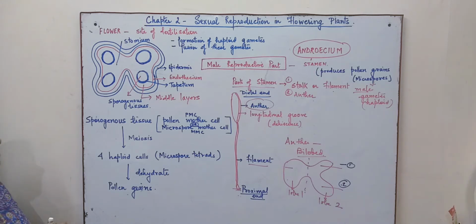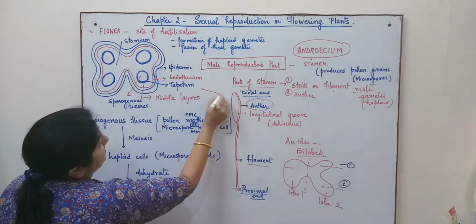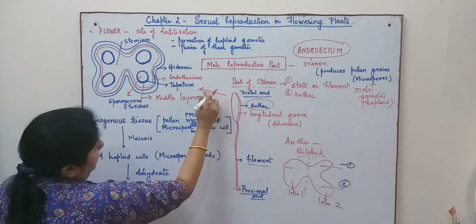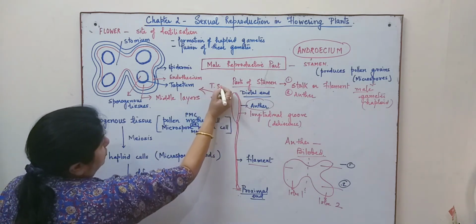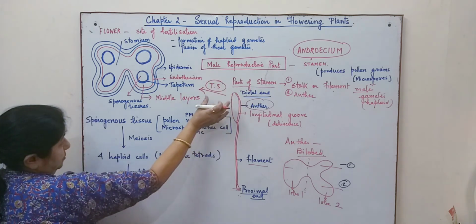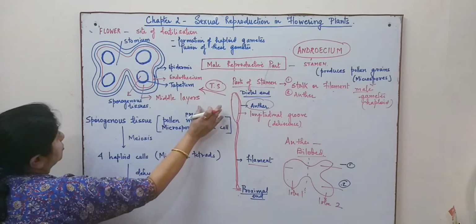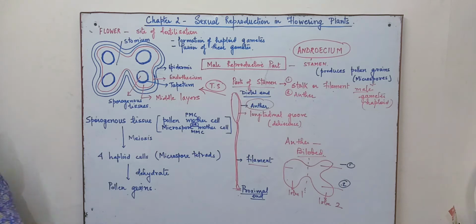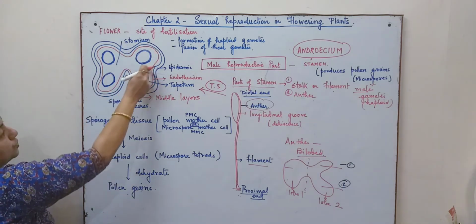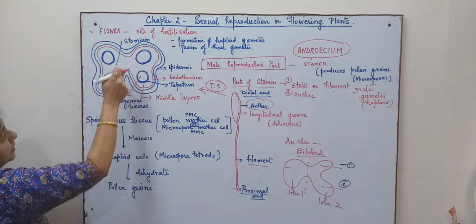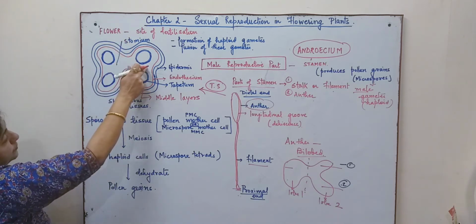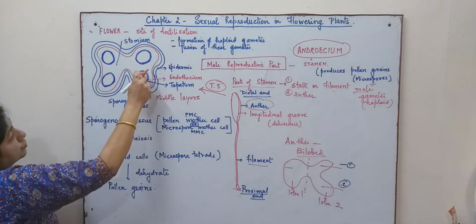If this is the anther and we take out the transverse section of this particular mature anther, we find a very distinct arrangement of the two lobes. This is lobe 1, lobe 2, and these are the two chambers.